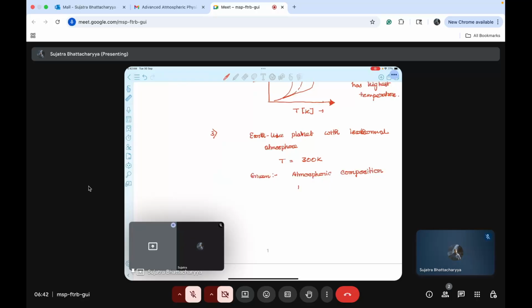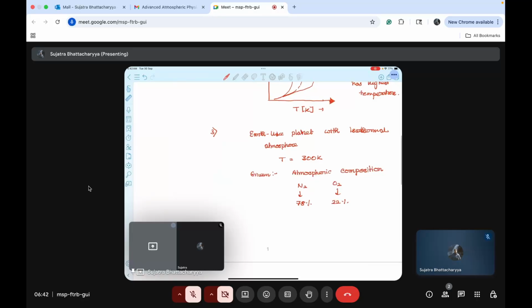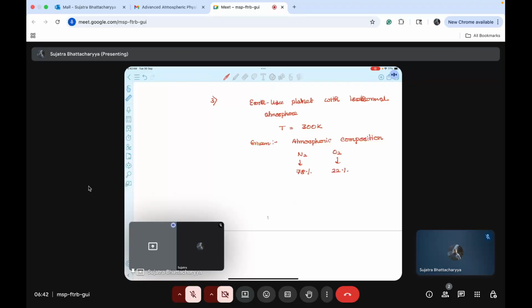That is, it consists of nitrogen and oxygen. All other gases are assumed to be trace, not as much compared to N2 and O2. So N2 they have said consists of 78% of the atmosphere by volume, and O2 22%. Right?